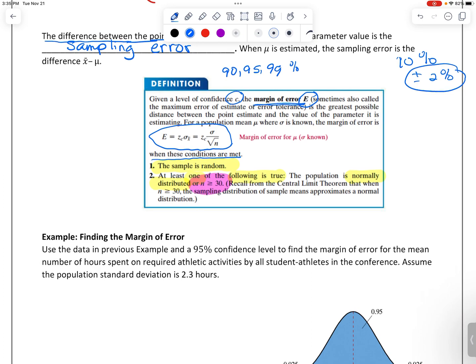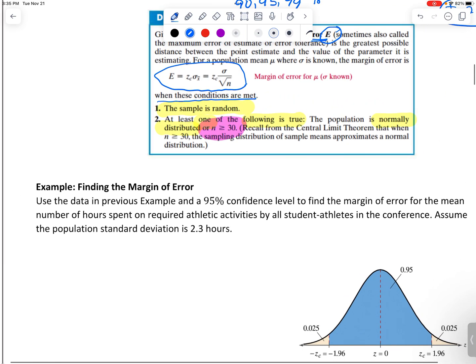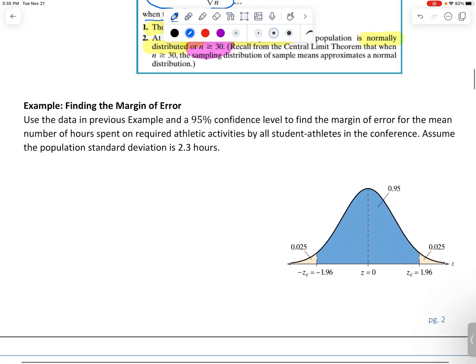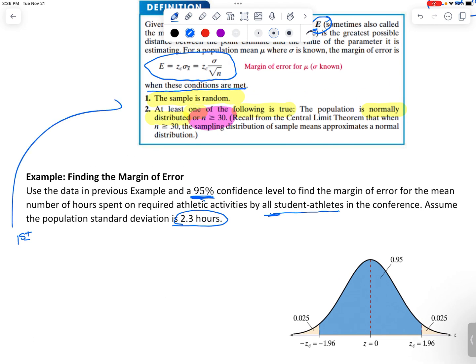Okay. All right, so finding a margin of error. Use the data from the previous example, that was our athletic data, and a 95% confidence interval to find the margin of error for the mean number of hours spent on the activities by all student athletes in the conference. Assume the population standard deviation is 2.3. All right, so first thing we want to do is make sure that I can use this formula.